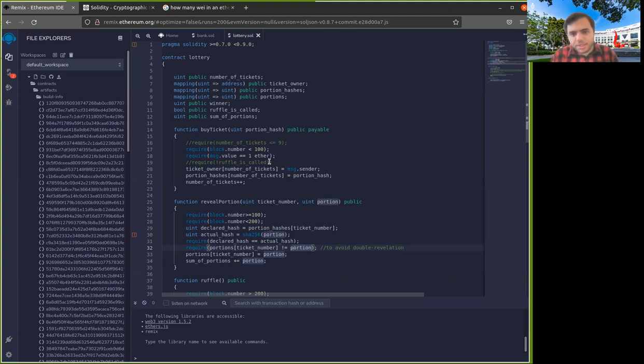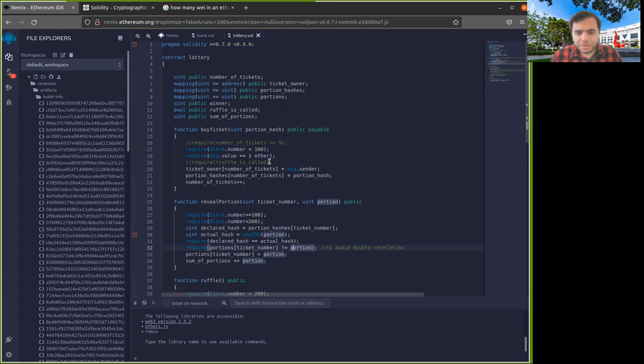So yeah, we can't just say we exclude people who don't reveal their portions. Because if you just exclude people who didn't reveal their portions, that's not a good enough strategy, right? Someone is willing to lose one of their tickets in order to win. Well, another thing that we can do is that we can just cancel the lottery if this happens.